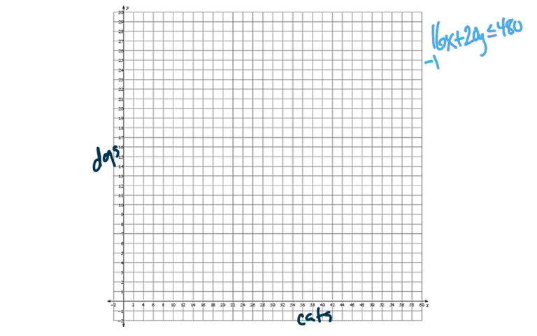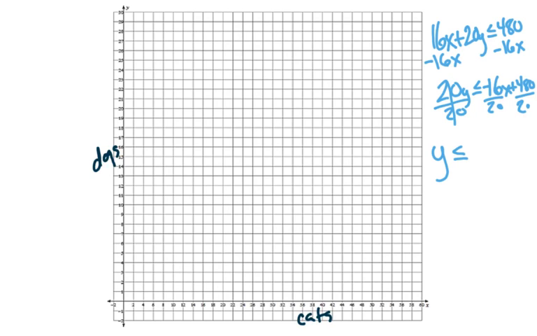Again, I can solve it and put it in slope-intercept form and then graph it like this. I'd get y is less than or equal to negative 16 over 20, which divided by 4 would be negative 4 over 5 x, plus 480 divided by 20 would be 24 again. Or I could take the other approach and say, what if I only had cats?